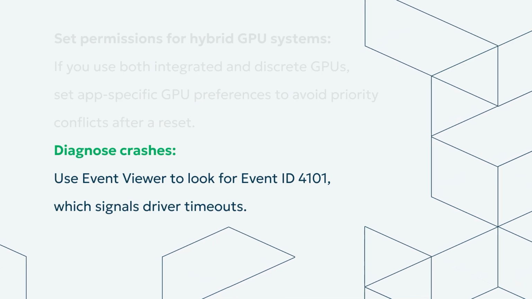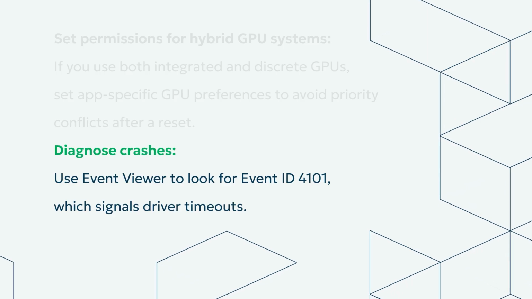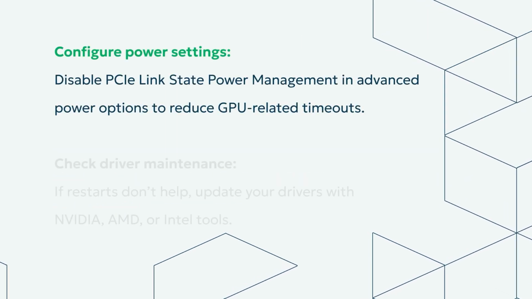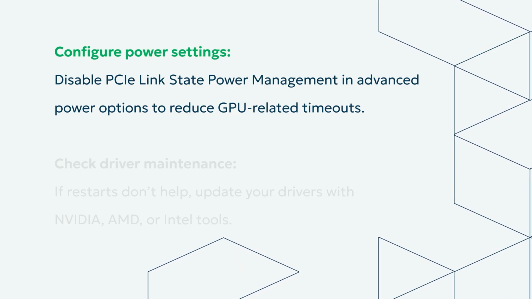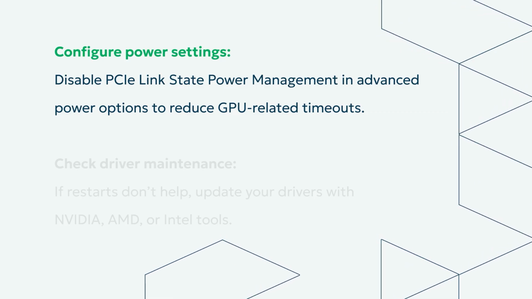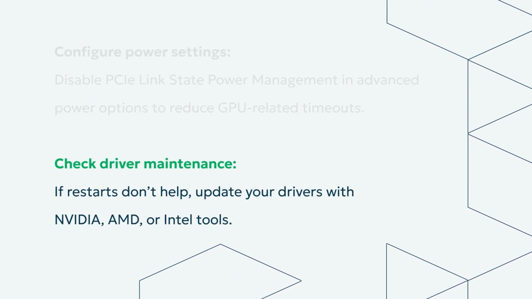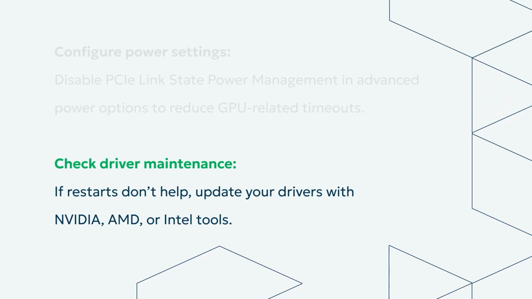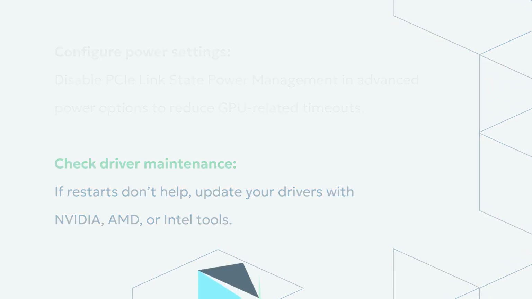Use Event Viewer to look for Event ID 4101, which signals driver timeouts. Configure power settings. Disable PCIe link state power management in advanced power options to reduce GPU-related timeouts. Check driver maintenance. If restarts don't help, update your drivers with NVIDIA, AMD, or Intel tools.